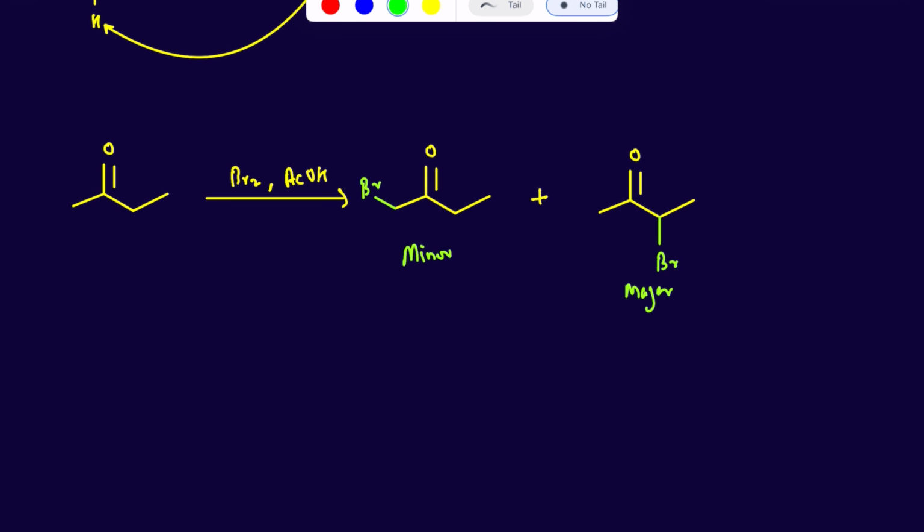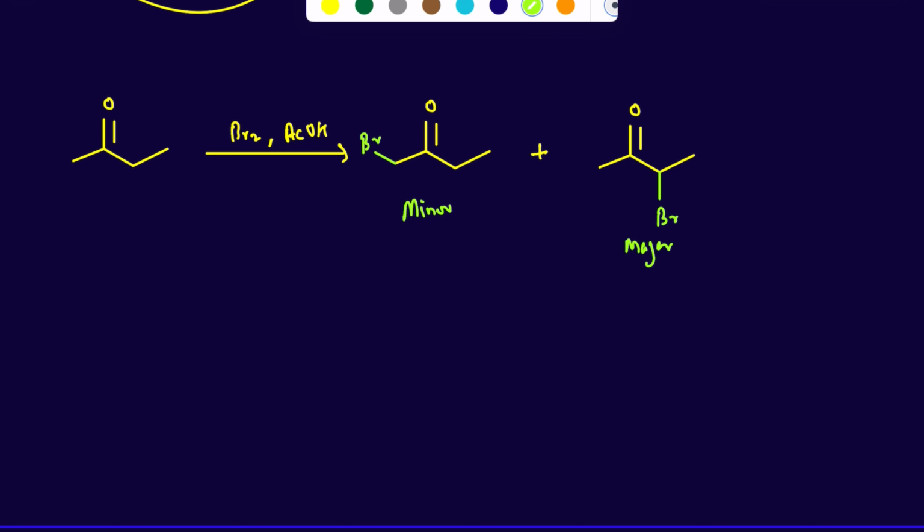Now, there are ways where you can make this your primary product, but not necessarily under acidic condition. Because when this is going on to make the enol, I have a possibility of making two types of enol, and then you can ask yourself, which enol is going to be more stable?